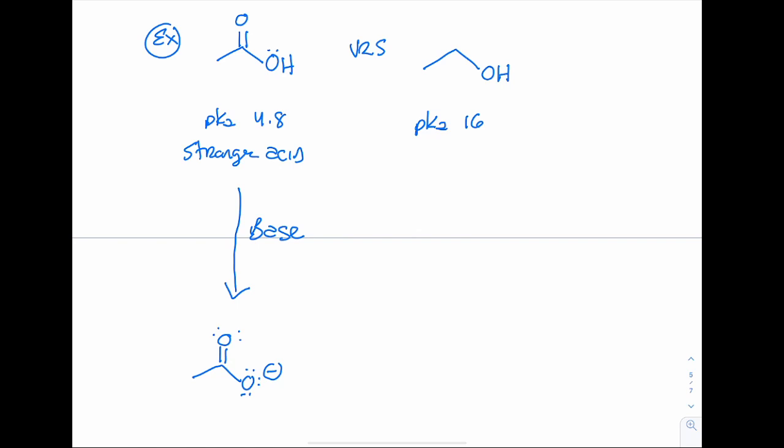There were 2 lone pairs up here initially. It just took the proton, leaving 3 lone pairs on that oxygen. If I do the same thing with my alcohol, we're going to react it with a base. It's going to lose a proton. Again, keeping the lone pair, it had 2 on that oxygen. Now it has 3. That's what we get.